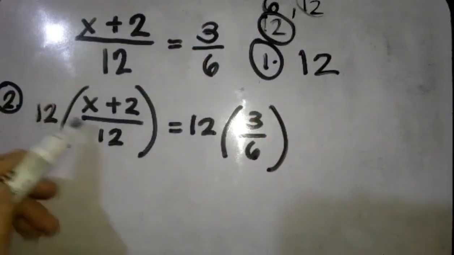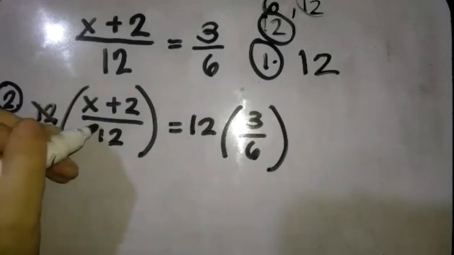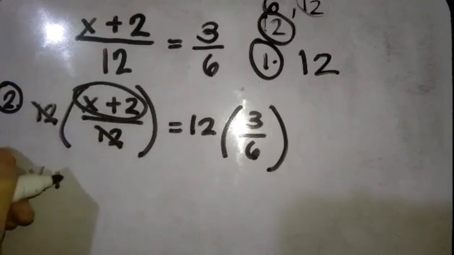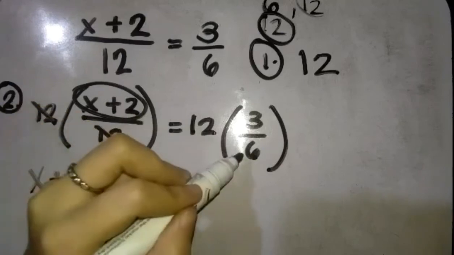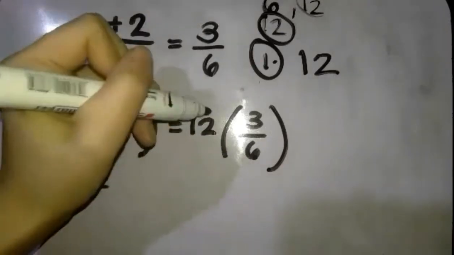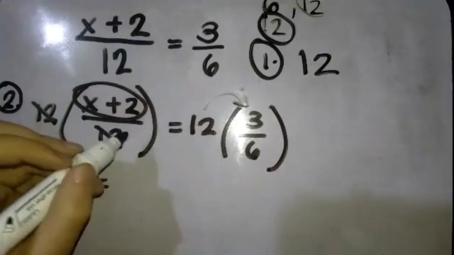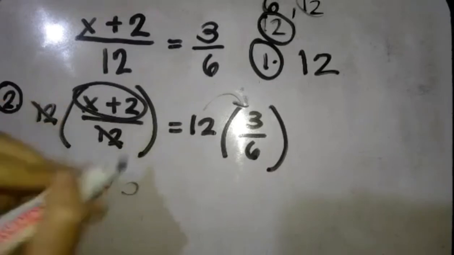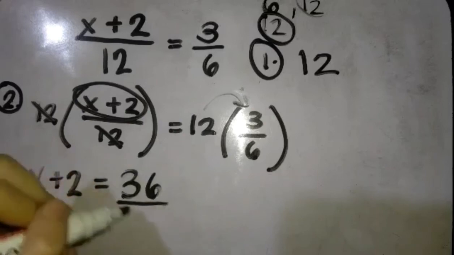12 will be cancelled out. So we have x plus 2. x plus 2 is equal to, since they are not the same, we will multiply 12 by 3. And 12 times 3 is equal to 36 over 6.